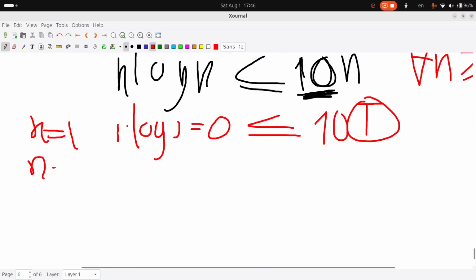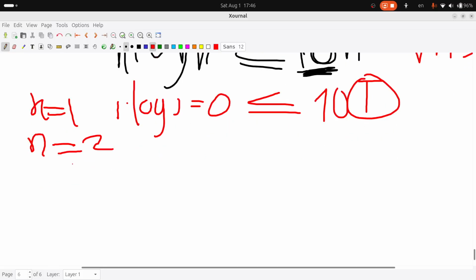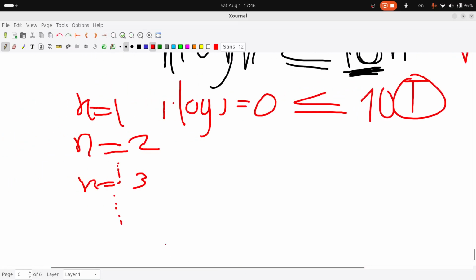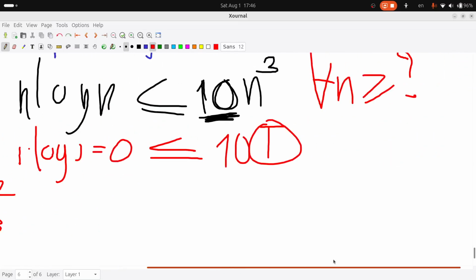And we can prove this for other values, and we can try some integer n, and we can say that this will always be true if it's starting from 1.